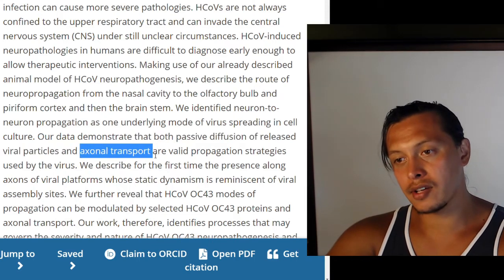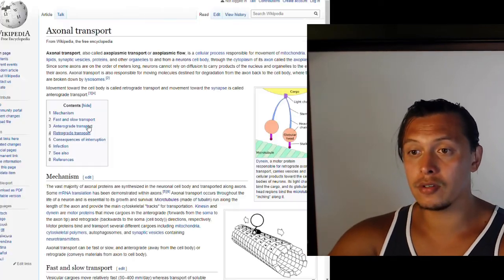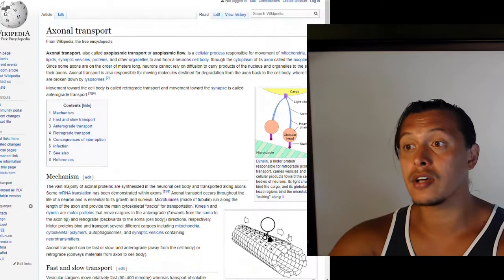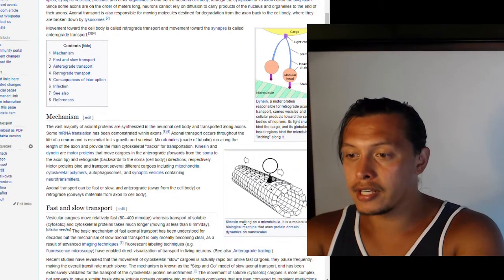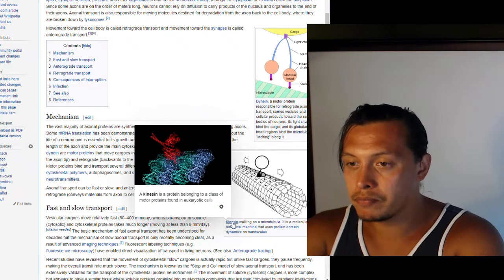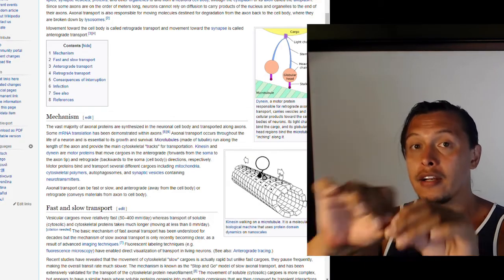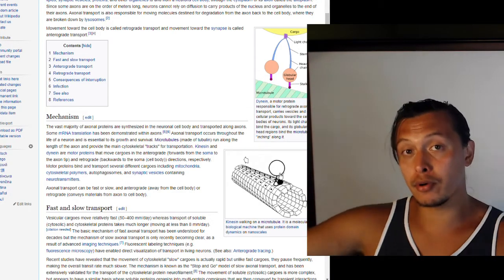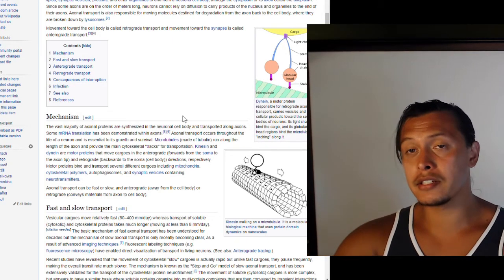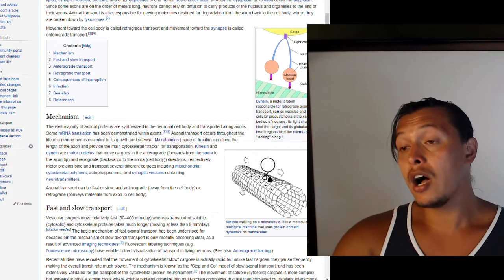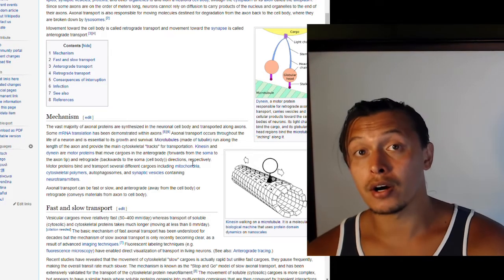So what is axonal transport? This is when in the axons of your neurons, which are the long stretches of your neurons, there is the ability for certain molecules to walk along the microtubules that are stretched through the axon. So there is a possibility that the viruses are actually hitching a ride on the axons of the neurons to get from one part of the body to a completely different part of the body.